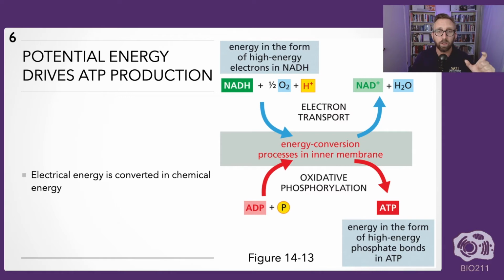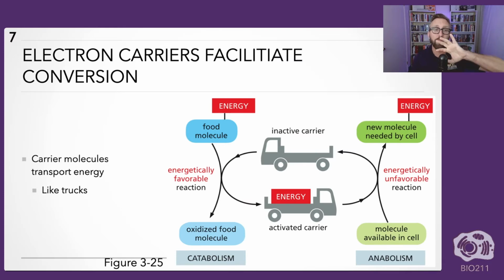So that energy allows that ADP plus P to make a covalent bond and make ATP. And now you have that energy in the form of a high energy phosphate bond for ATP. How those electrons go and what NADH is: NADH is a carrier. So it's like a truck. It picks up energy from food, carries it over to the other molecules, and allows it to be placed there.